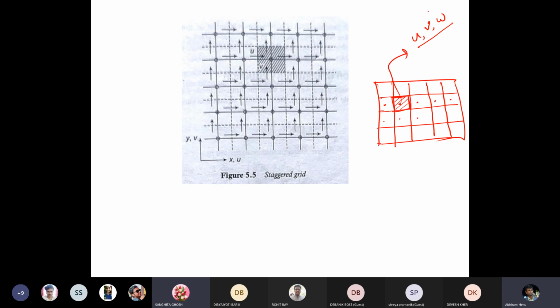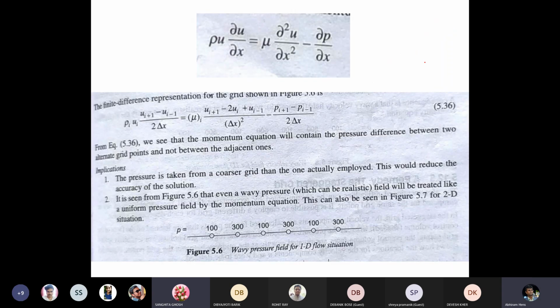If we follow the standard approach, there will be some problem. For example, if we discretize this one-dimensional equation, the convective term can be written as rho_i times (u_{i+1} minus u_{i-1}) by 2 delta x, using the central difference scheme.